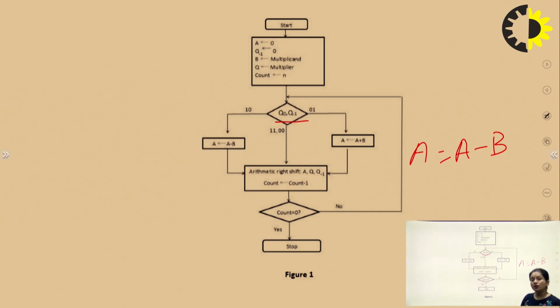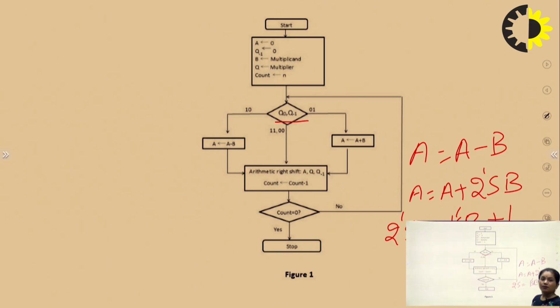But as we know, in a computer, whenever we do subtraction, we take the 2's complement of B and add it to the accumulator, which is equivalent to A minus B. So subtraction will always be performed like this. And we know what the 2's complement is: 1's complement of B plus 1.